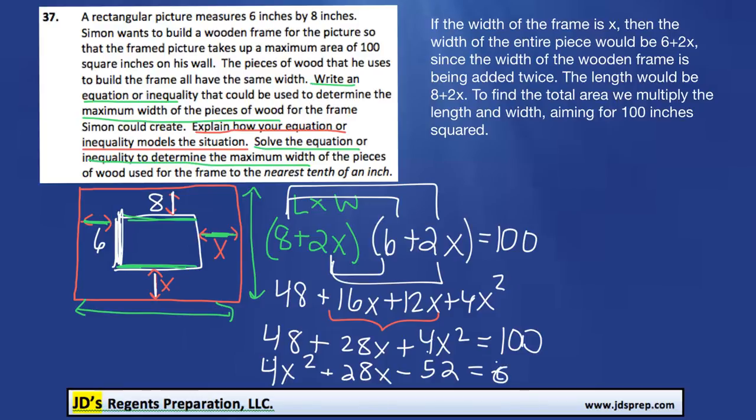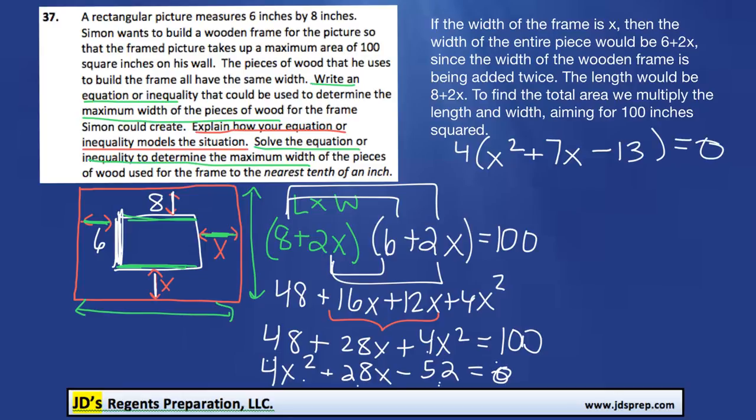Now that we have everything on one side of the equation, we can start factoring. First thing I notice is that all three of these terms are divisible by 4. Factor 4 out, so we'll be left with x squared plus 7x, since 1/4 of 28 is 7, minus 1/4 of 52, that's 13.